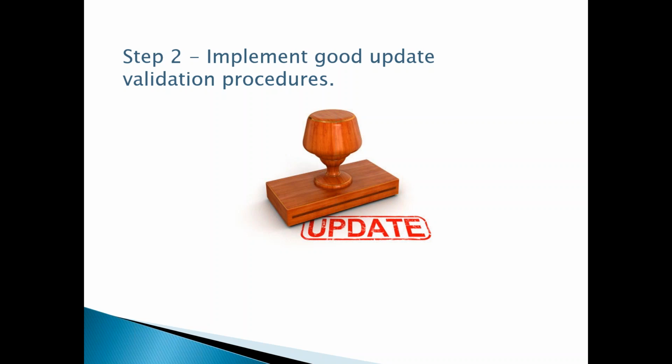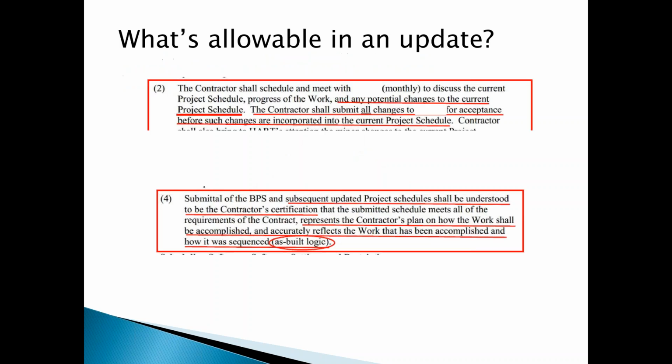You'll have a lot of different updating specs in the scheduling specification sections of contracts that will require all different kinds of things. And this particular specification really tries to restrict the changes, right? They say, hey, don't make any changes to the schedule prior to approval.